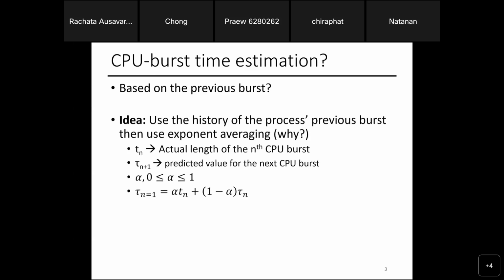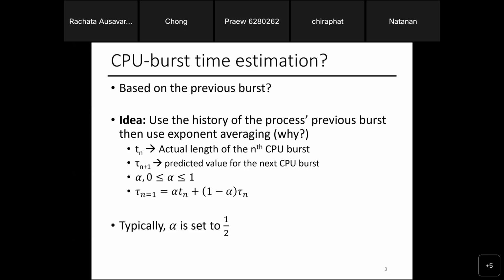But here's the idea: let me keep the history of all the times I used so far, and I use some kind of average, right? So let me ask you the follow-up question. Which one would matter more? The last time I ran or the last time long ago that I ran? Which one is likely to be more relevant? The last time, right? So one thing we can do is use this alpha value to multiply.